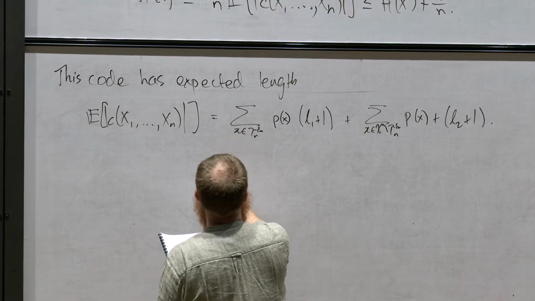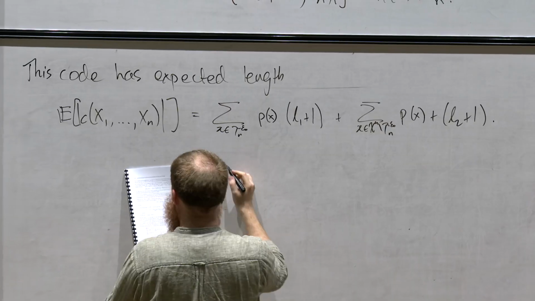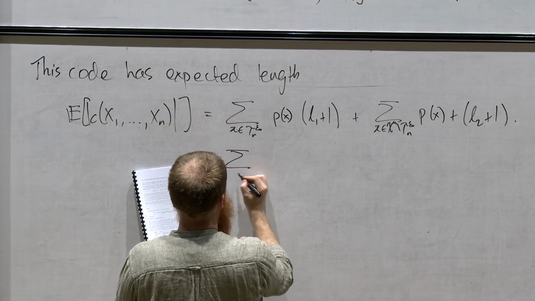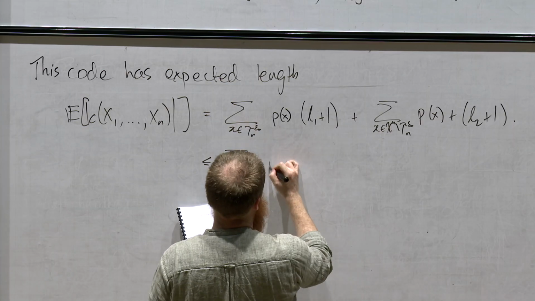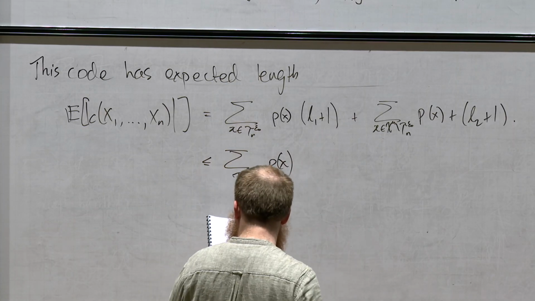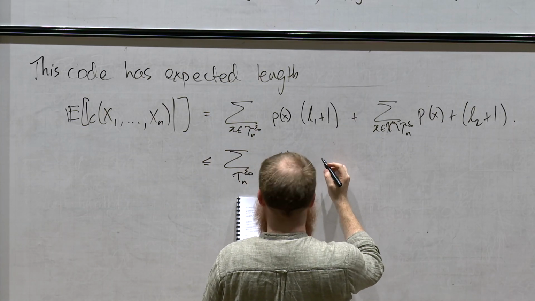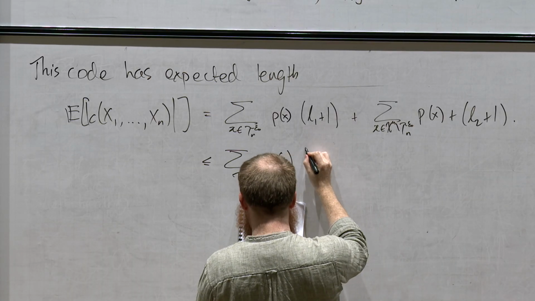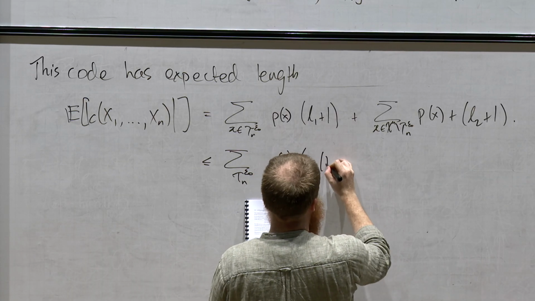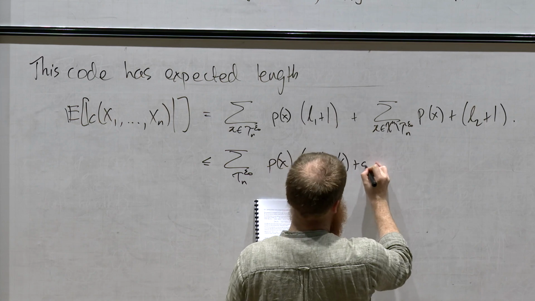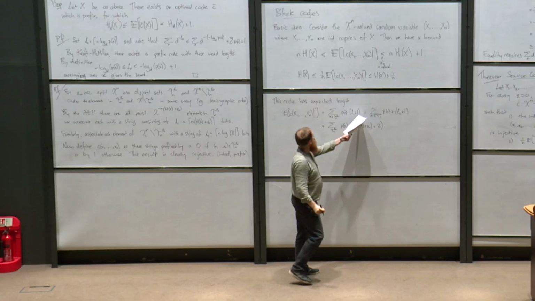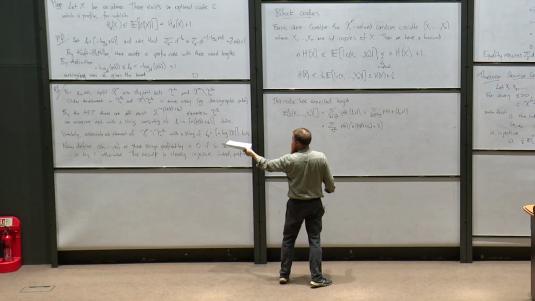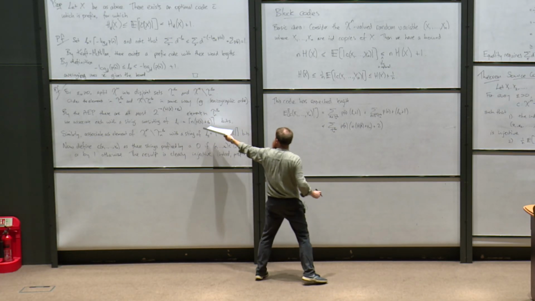Okay, so this is now less than or equal to the sum over typical strings of p(x) times, well, we know what L1 is, so that's n times (H(X) plus epsilon naught) plus 2, because I've got a plus 1 here and a plus 1 somewhere else, because I've got the ceiling here.